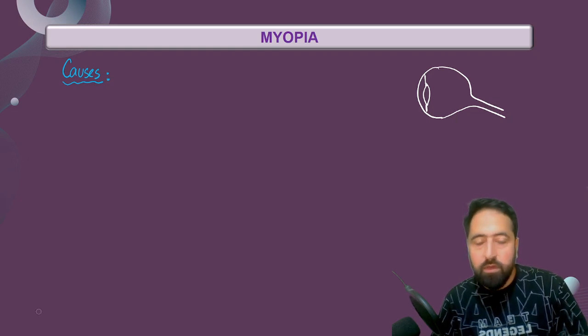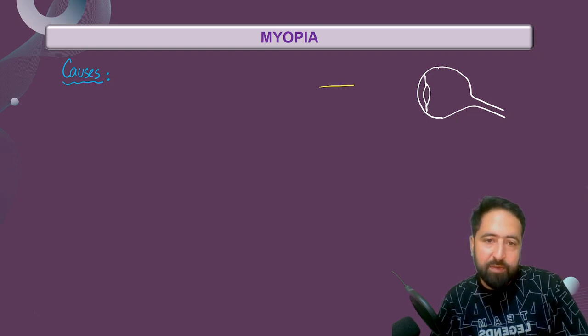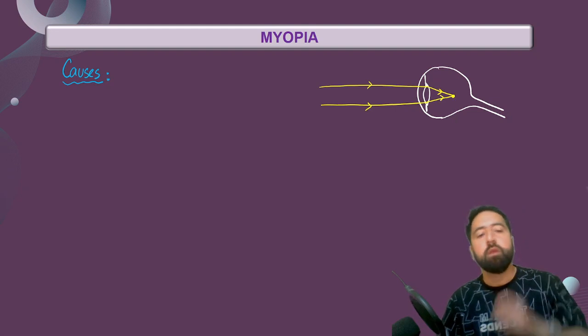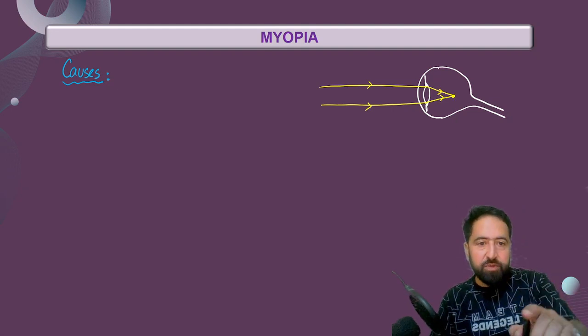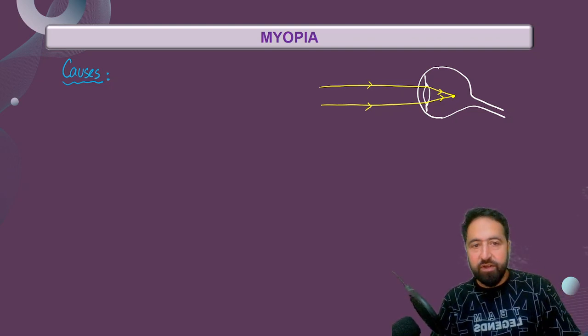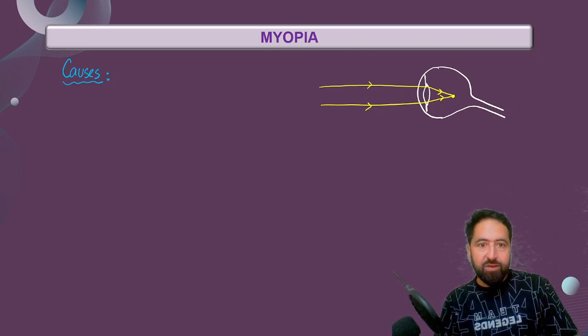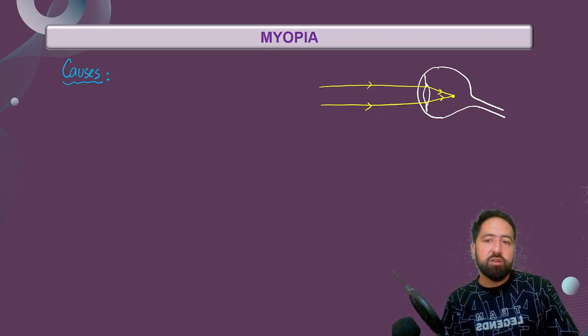Okay, now the rays are coming from the infinity like this. So they will be converged in front of retina. Okay, image is formed in front of retina, rays converge in front of retina. Okay, so what does this mean? There can be two possible causes for this.